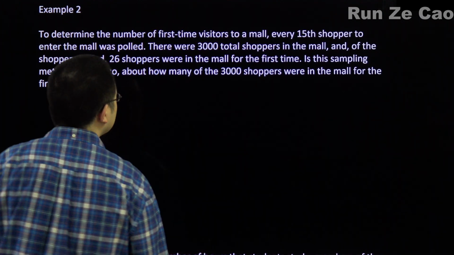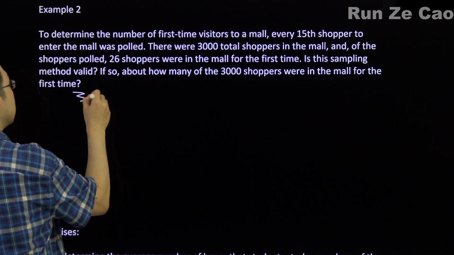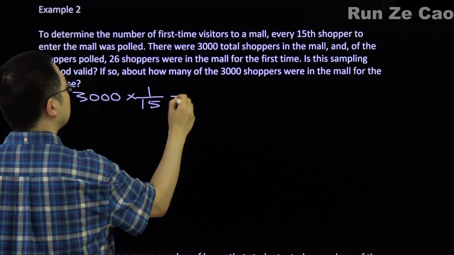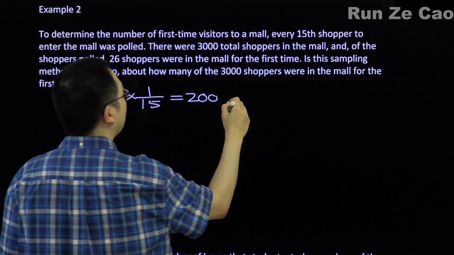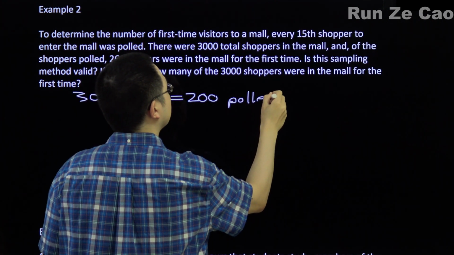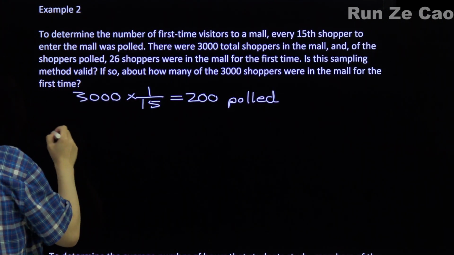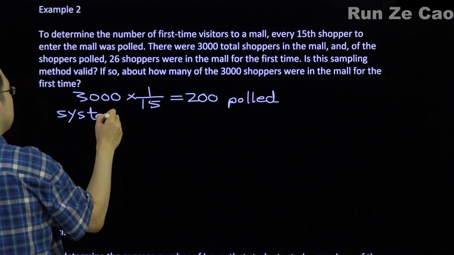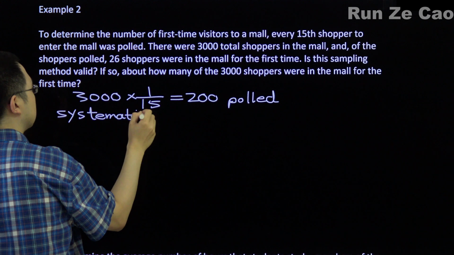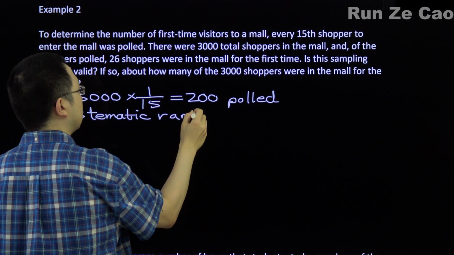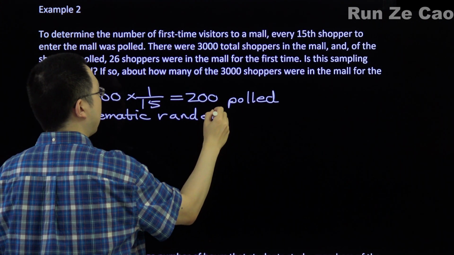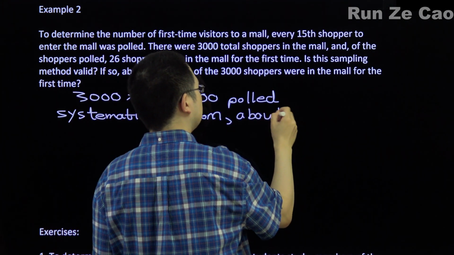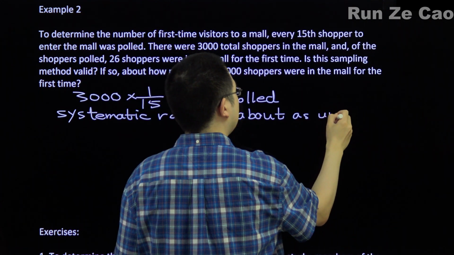So 3,000 times 1 in 15 equals 200 polled. This is a systematic random sample, and it's about as unbiased as you're going to get.